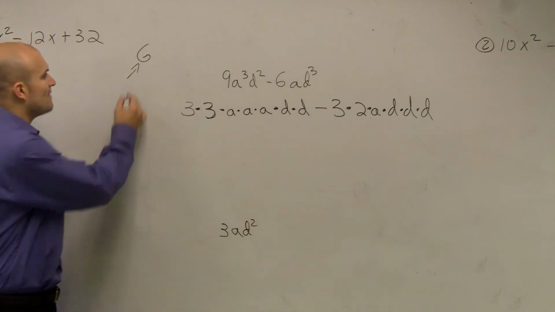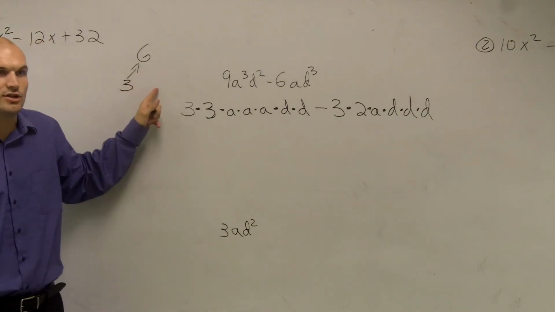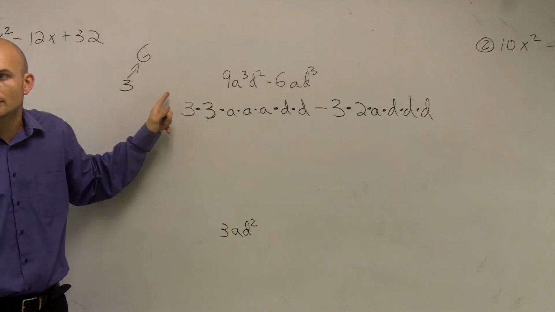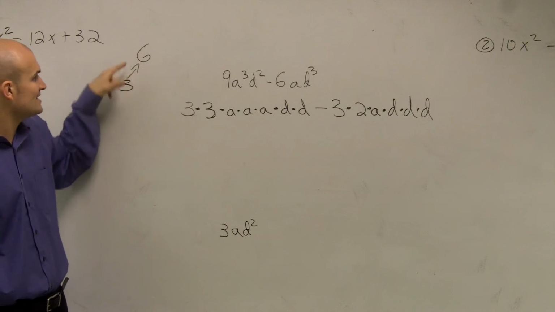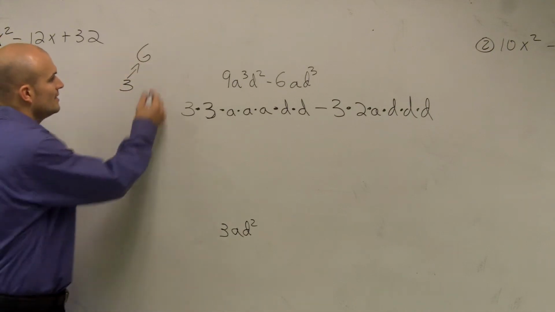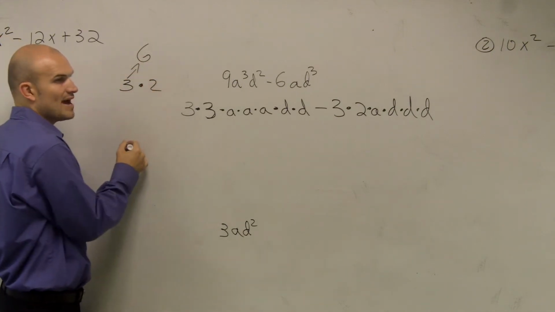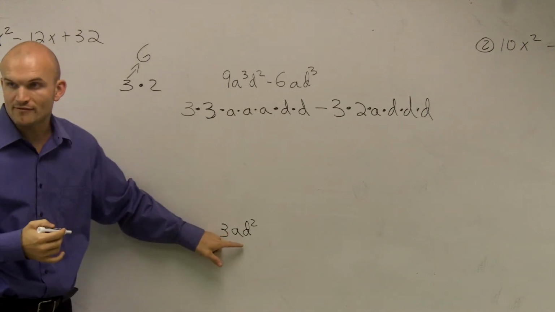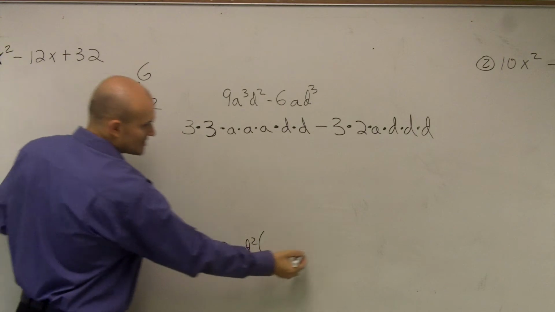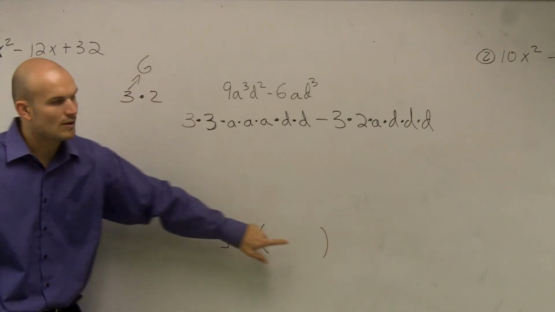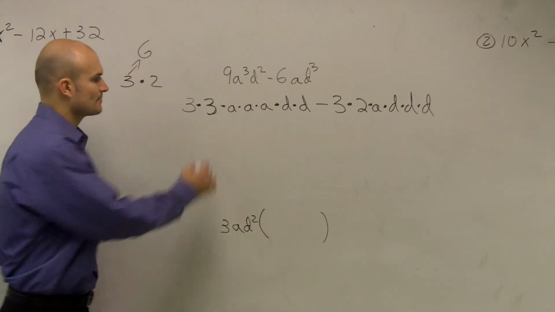If one factor of 6 is 3, how did we get the other factor? We divided: 6 divided by 3 gives me the other factor. So here's my one factor, and notice it's in multiplication: 3ad squared times my other factor. How do I figure out what this other factor is?